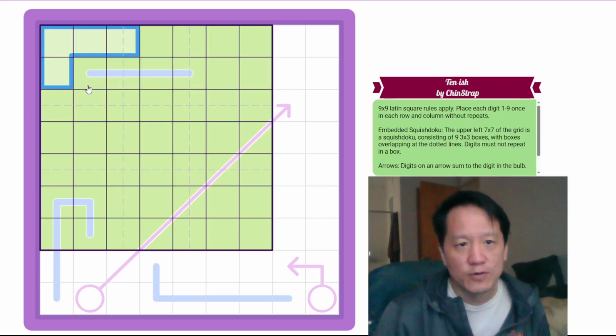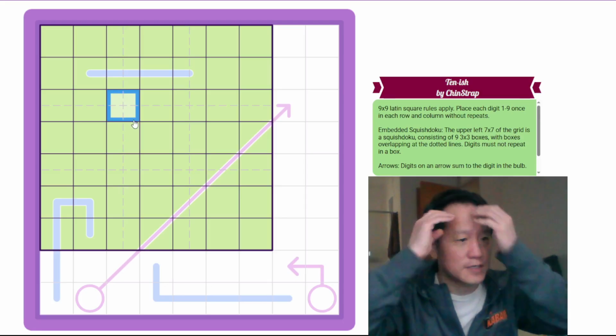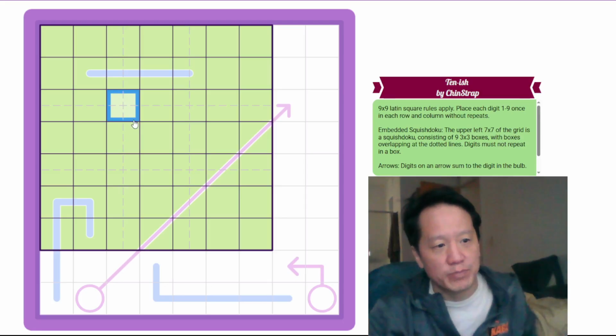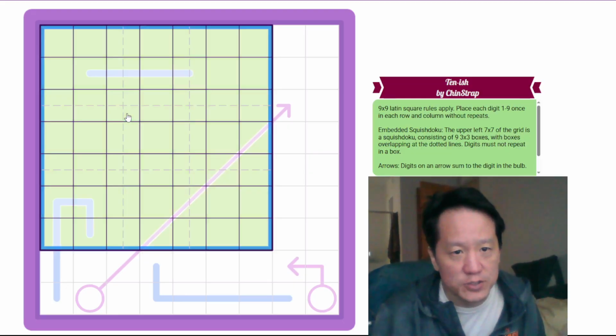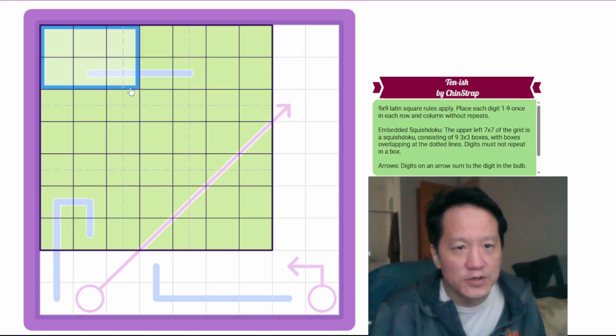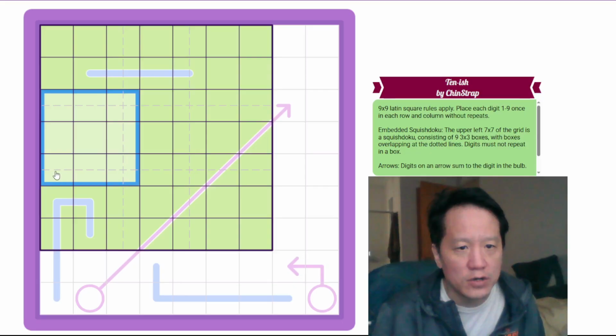So for example, this is a box here. Anything on the dotted lines is part of all the boxes it would be considered part of. So this cell is part of box 1, box 2, box 4, and box 5.